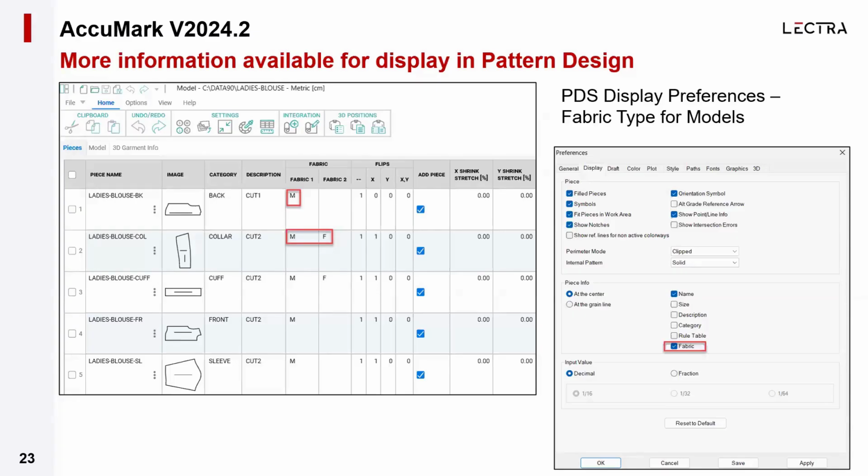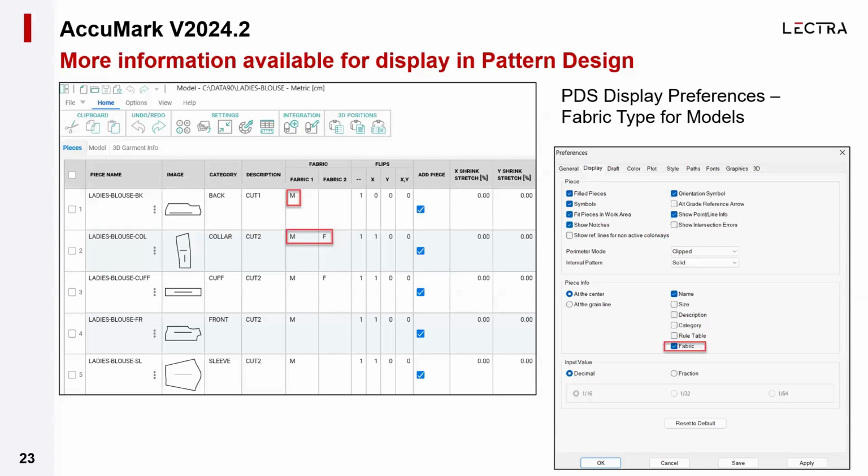If you take a look at what I have on the screen, in the model editor, I have set up, for example, this lady's blouse. I have the main fabric, and then I have a piece set up with the main fabric and a fusing fabric. I have a new selection in my PDS preferences that says I want to see the fabric code.